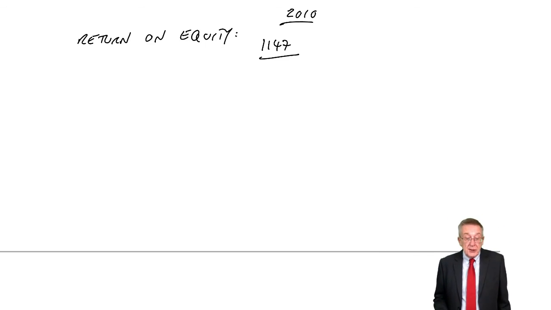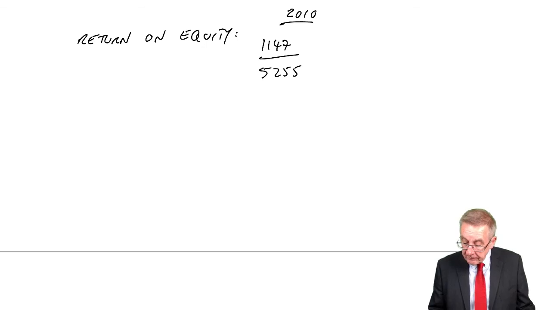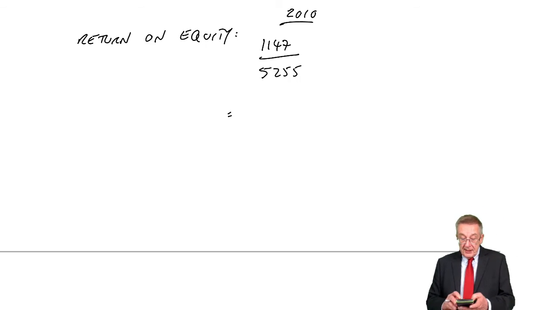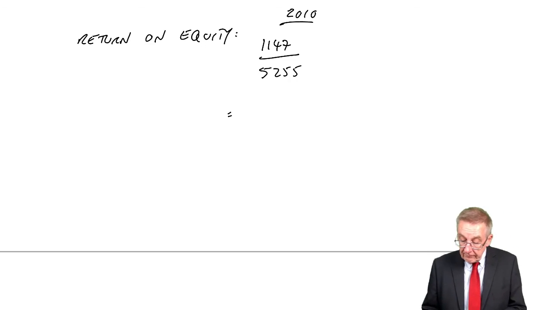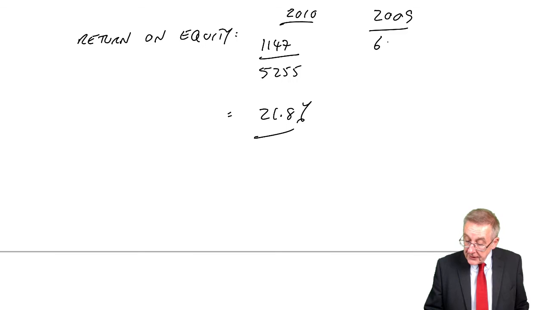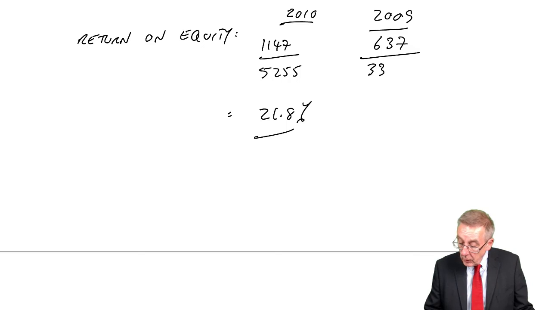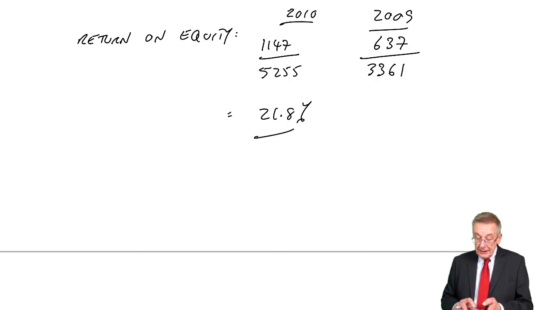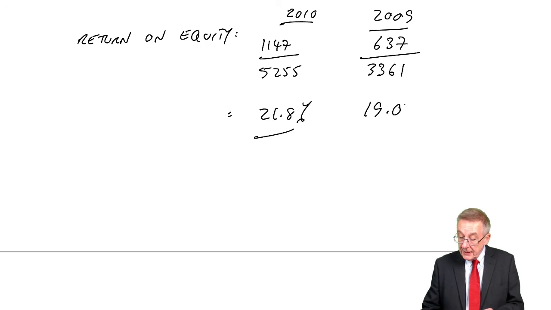We express it as a percentage of the shareholders' money, the capital plus reserves. So in percentage terms, 1147 divided by 5255, 21.8%, whereas in the previous year, profit after tax 637, share capital and reserves 3361, and so as a percent, 19%.